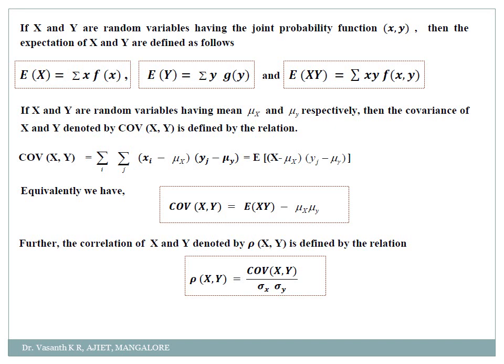Covariance of x comma y is simply expectation of xy minus expectation of x into expectation of y, and then correlation of x and y is given by rho of x comma y and is defined as rho of xy equal to covariance of xy divided by sigma x into sigma y. What are sigma x and sigma y?